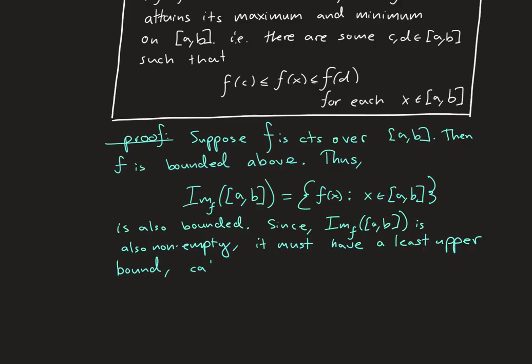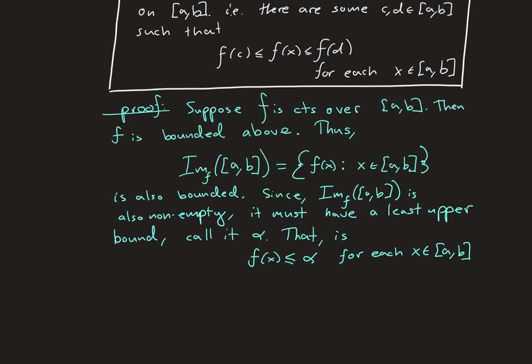Let's call it alpha, okay? So what that means is f of x is less than or equal to alpha for each x in this closed interval. That's what upper bound means. We also know it's smaller than all other upper bounds.